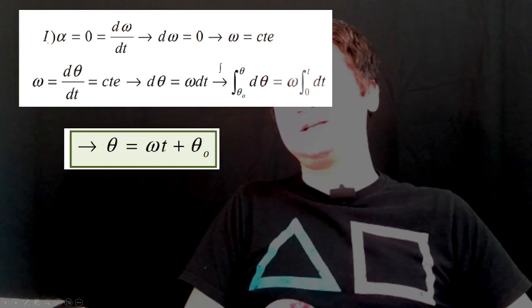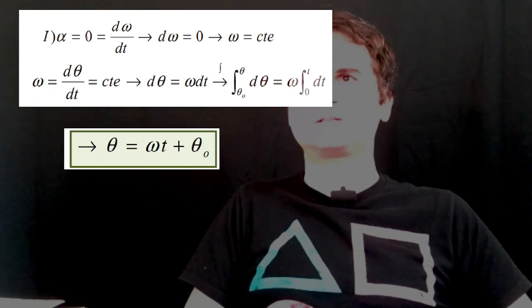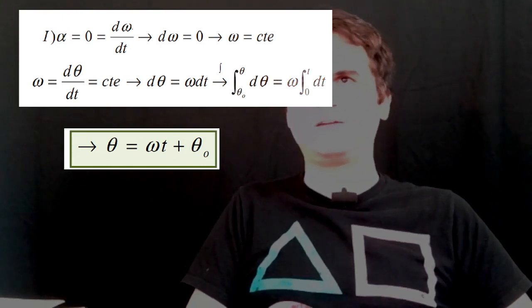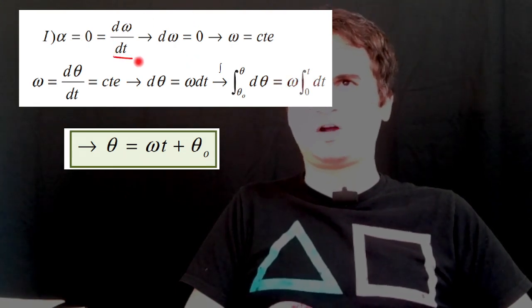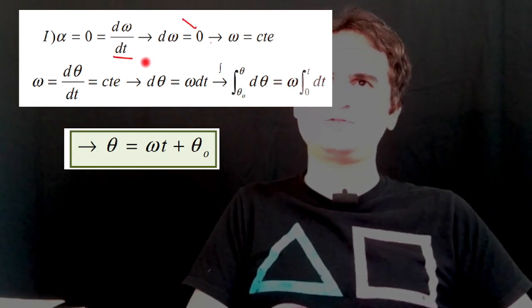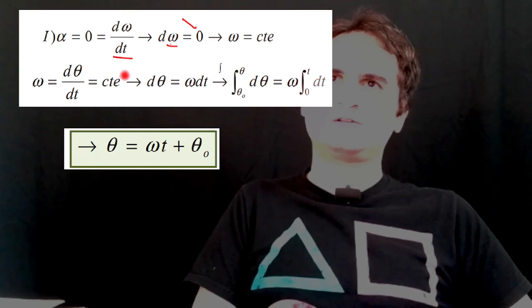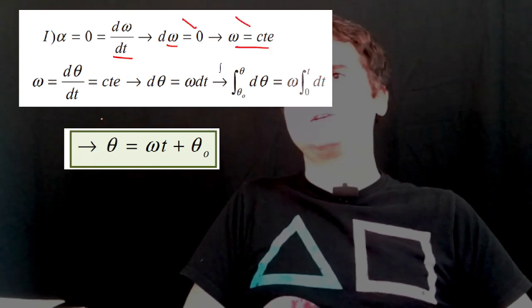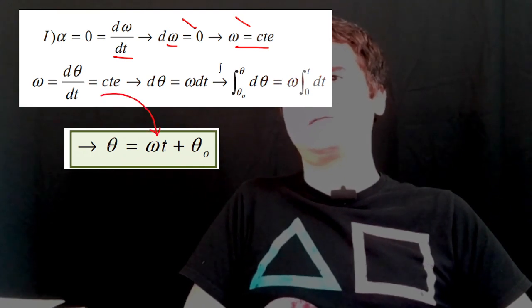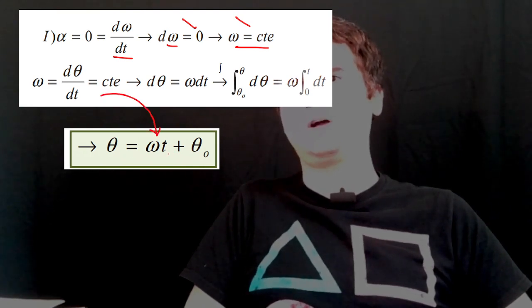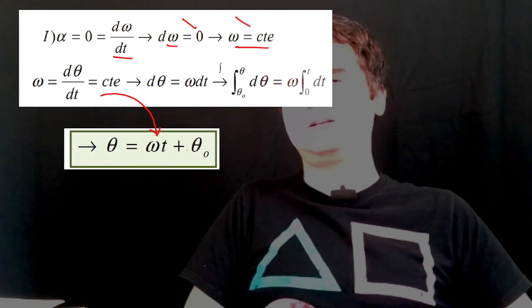So in the first case, alpha is equal to 0. That means variation of velocity over time is 0. Definitely time is not 0; variation of velocity is 0, so velocity is constant. So you can write the equation theta is equal to w times t plus theta naught.